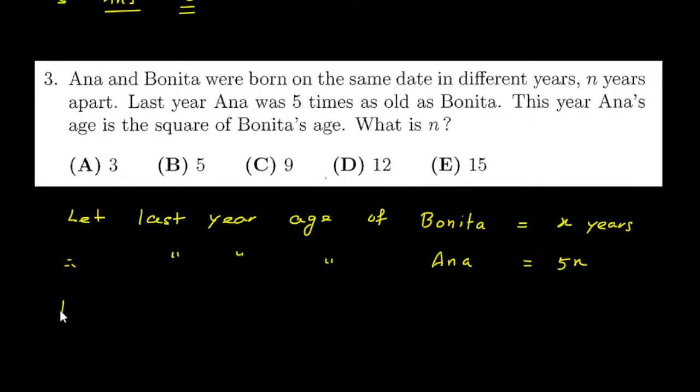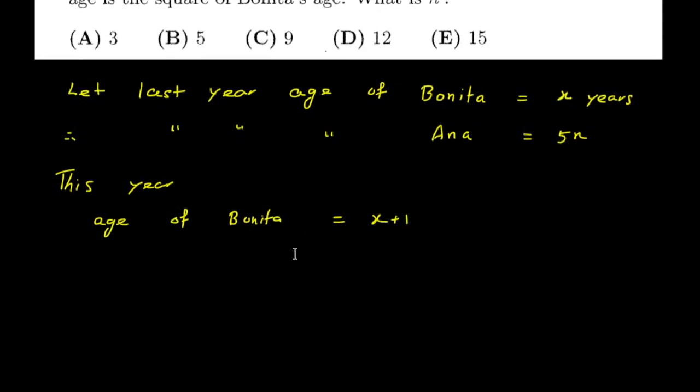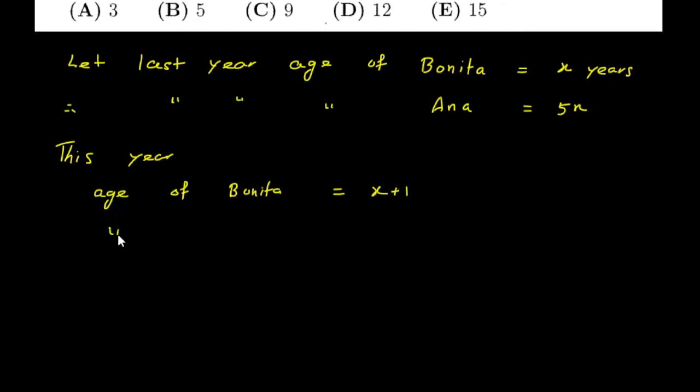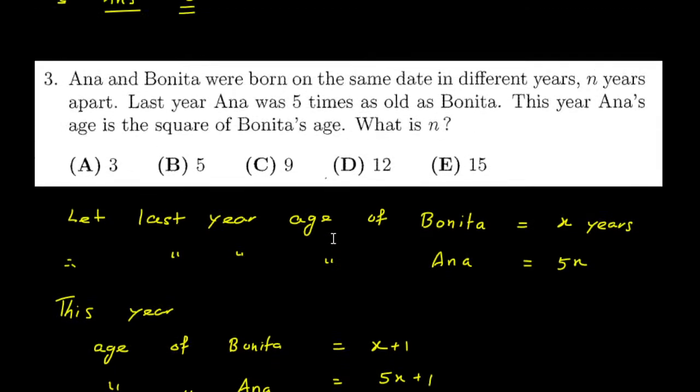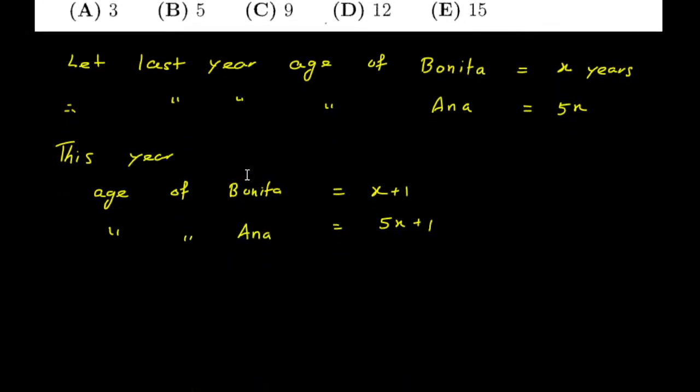Now this year, the age of Bonita will be x plus 1, and the age of Anna is going to be 5x plus 1. Now in the problem it is mentioned that this year Anna's age is a square of Bonita's age.